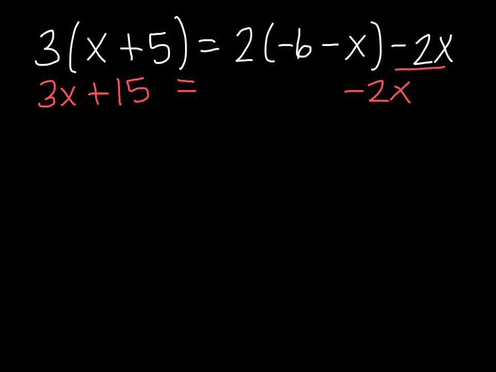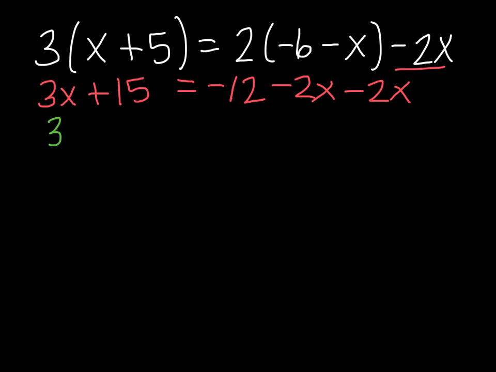But I wrote it down right there, so now I have 2 times negative 6, which is negative 12, and 2 times negative x, which is negative 2x. So make sure you pay attention to your signs, because that's a very common mistake, to put the wrong sign. All right, now my next step is going to be to look at both sides and see if there's any combining of like terms that I need to do.